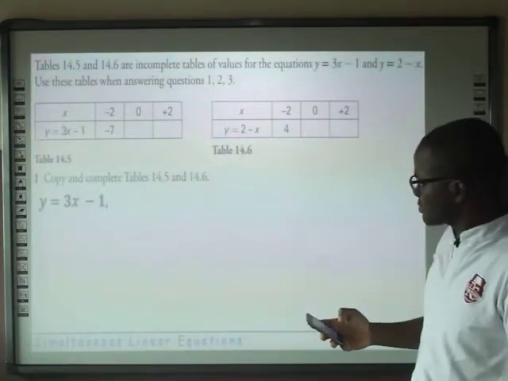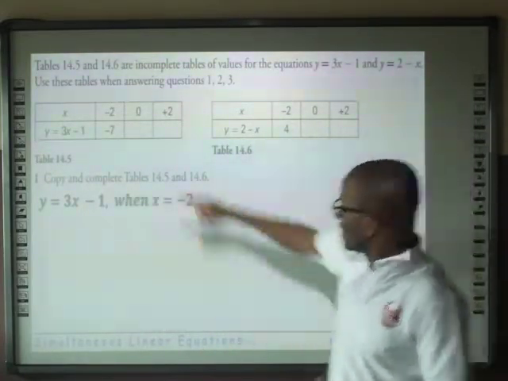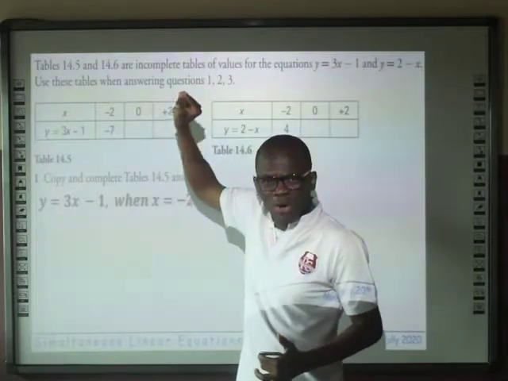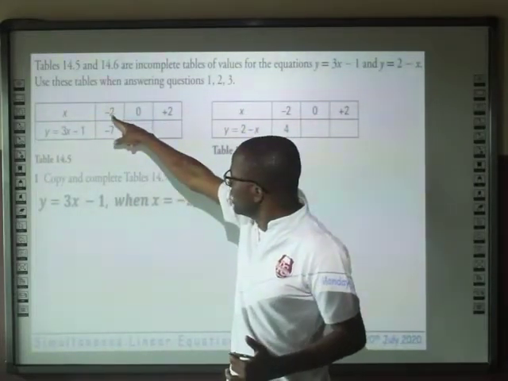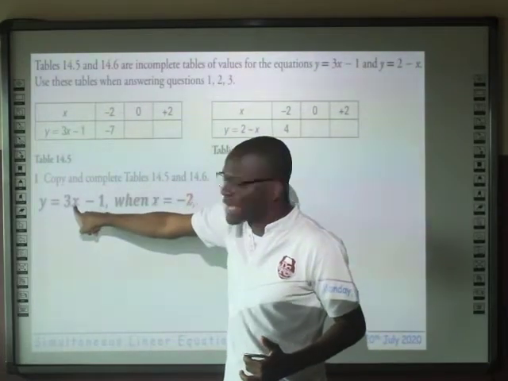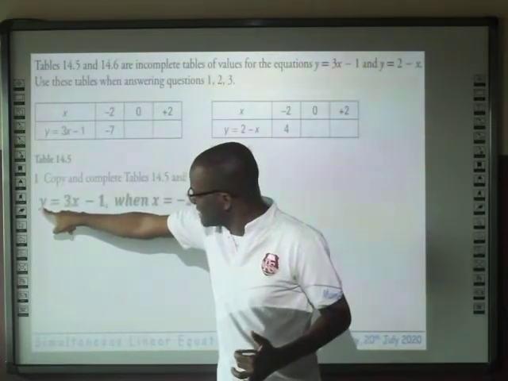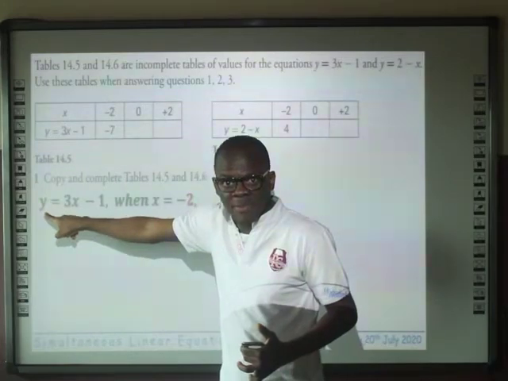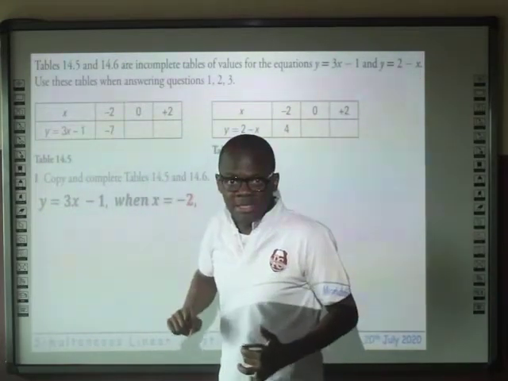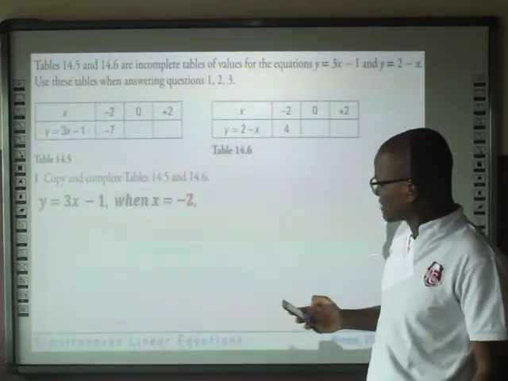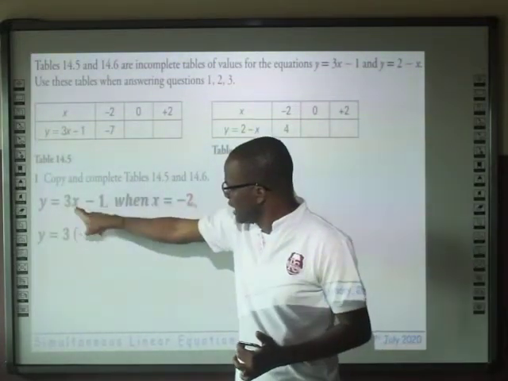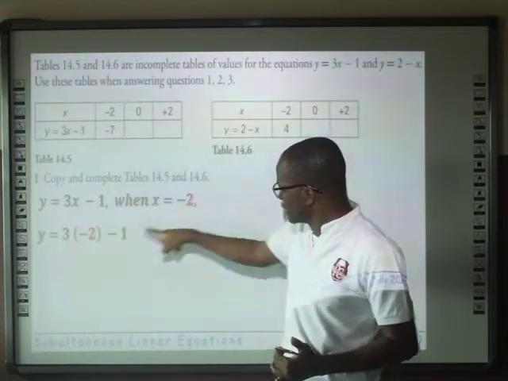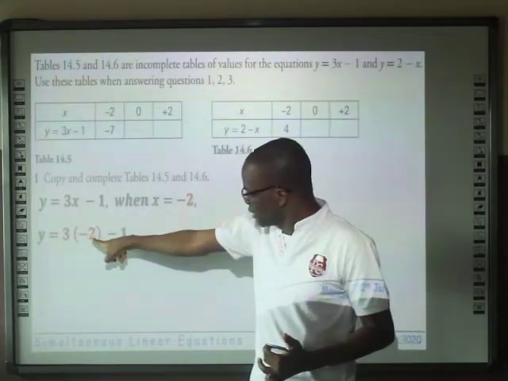So let's quickly check. When x is minus 2, putting the value of minus 2 in that equation, let's see if we are going to get the corresponding value of y as minus 7. When you see x in that equation, it will be replaced with minus 2. Alright? And so there you go.